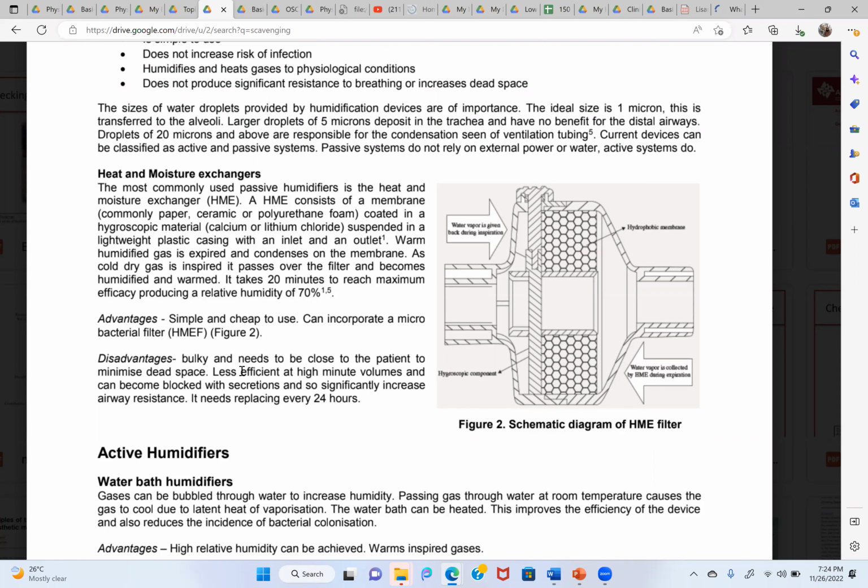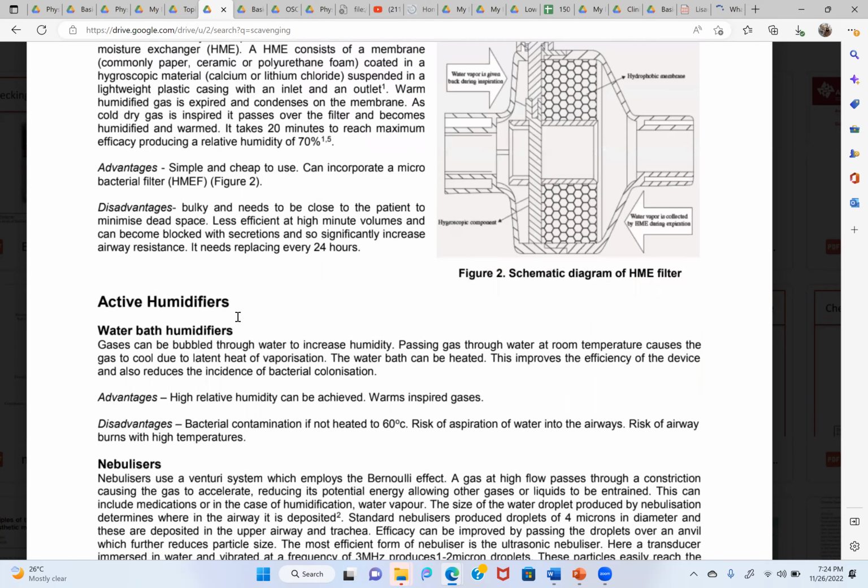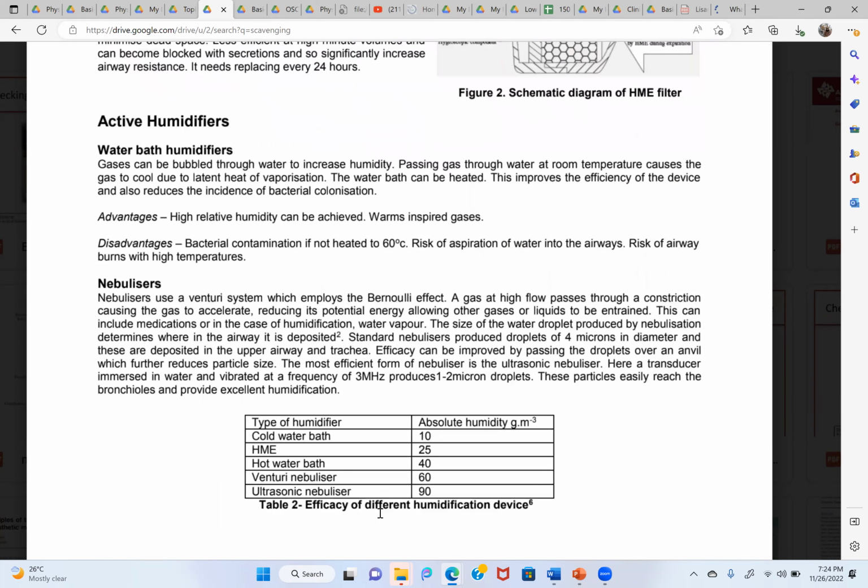Because these days, since the COVID era, they are actually using three filters: one on the expiratory limb, one on the inspiratory limb, and one near the patient, to be very sure that nothing goes from the machine to the patient or from the patient to the machine.